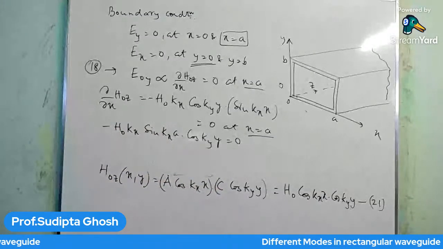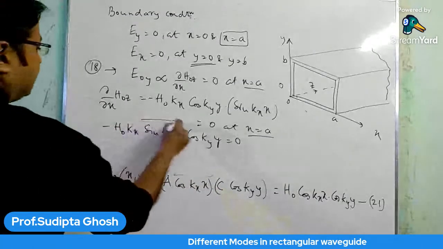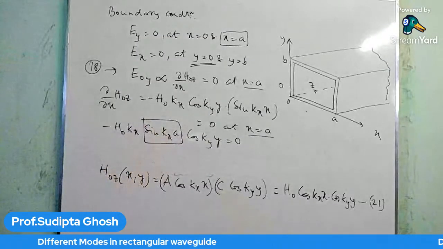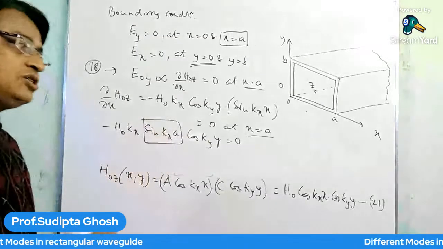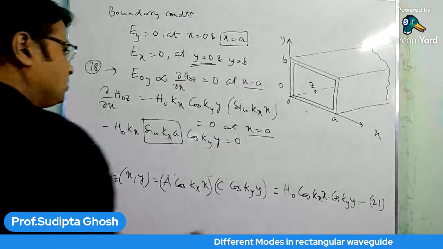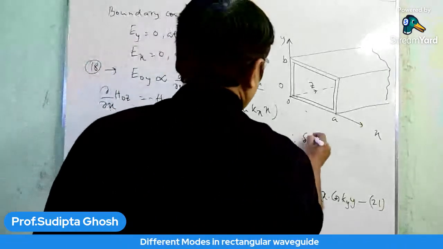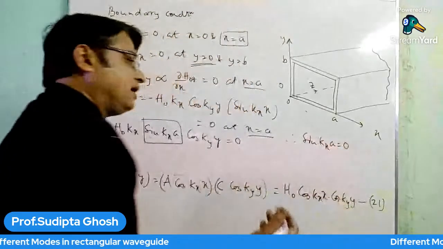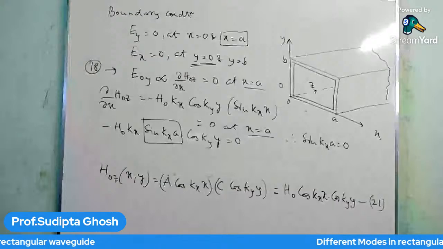So we are left with only the term sin kx a being 0, as sin kx a is not in equation number 21. Therefore sin kx a equals 0.